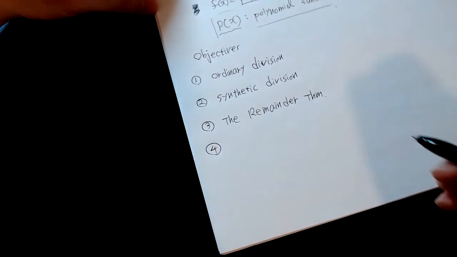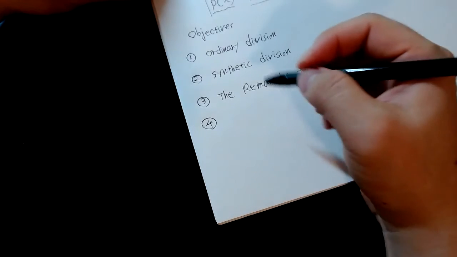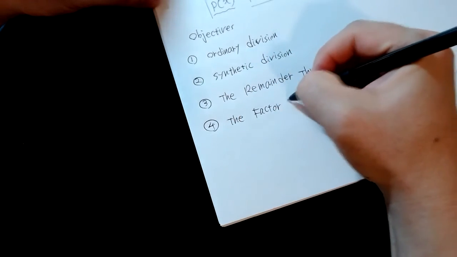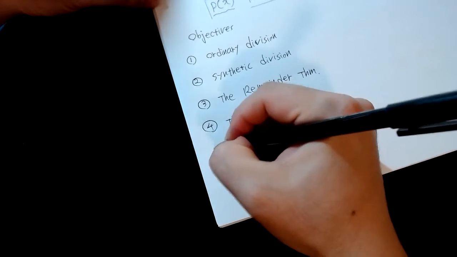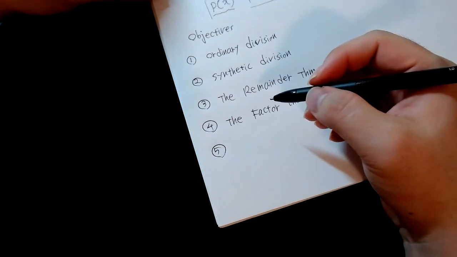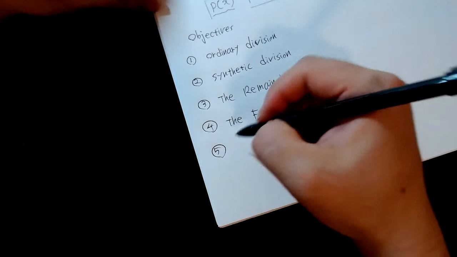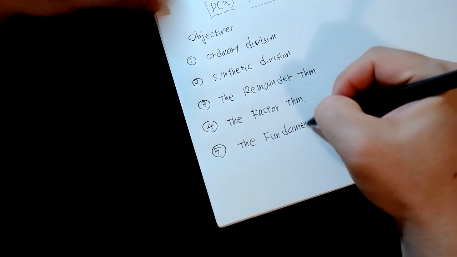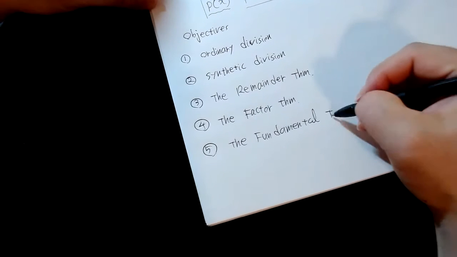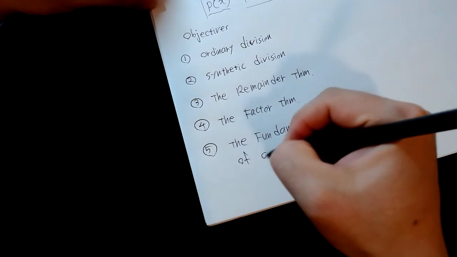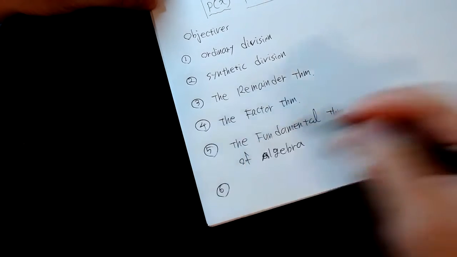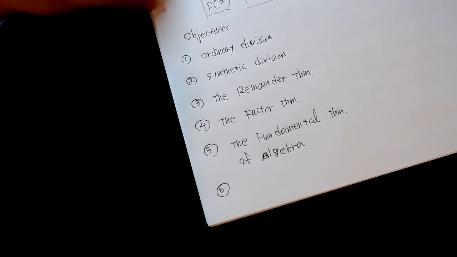Step 4, we're going to learn the factor theorem. Step 5, we learn the fundamental theorem of algebra. And I think the last one is the rational zero theorem.